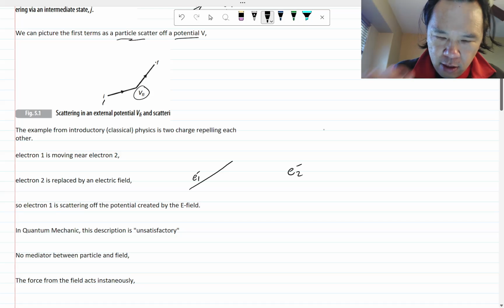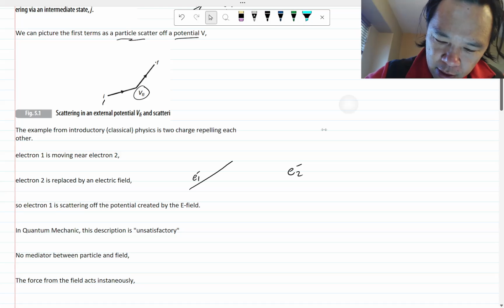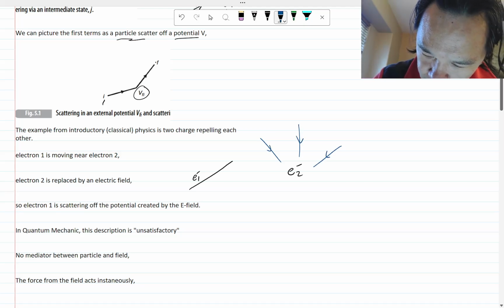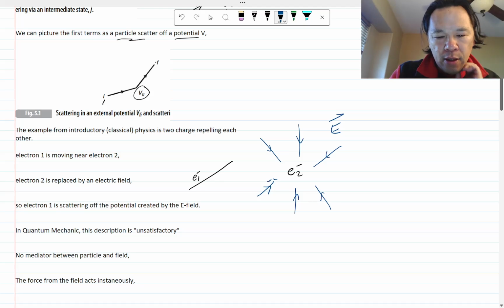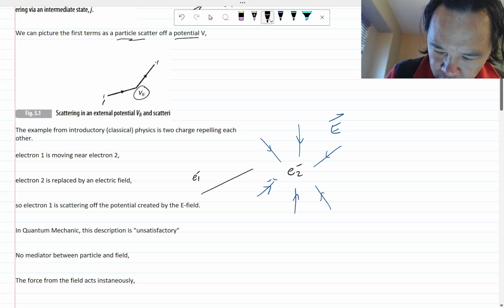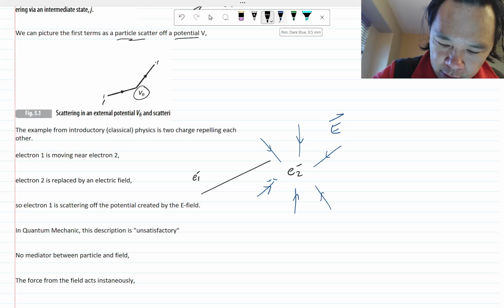The way we think about it in introductory physics is that this electron is giving off some electric field. Since it's a negative charge, the fields will point towards the electron. So when electron 1, let me draw this closer, enters this field, it feels a force.